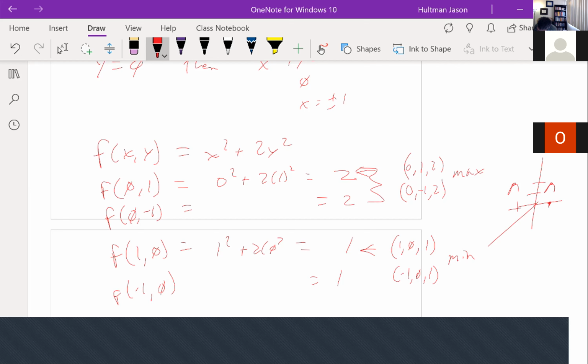Well, my minimums exist when y is 0, but we're out 1 and negative 1 in the x direction. So we've got some minimums here and here. Again, I don't know what the surface is going to look like, but in the x direction, I've got minimums. In the y direction, I've got maximums.